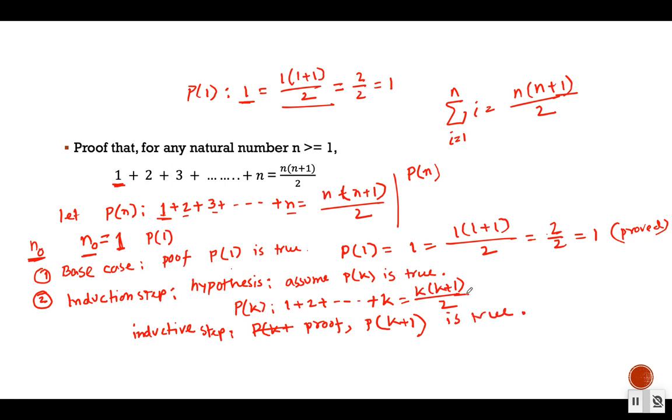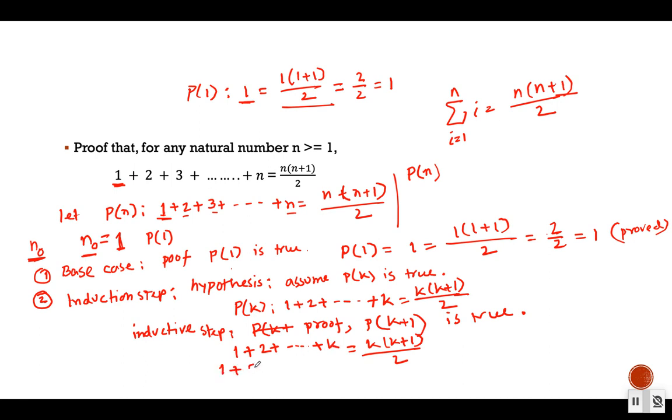Now Pk is true, so I'm going to write it down here: k times k plus 1 by 2. If Pk is true, then Pk plus 1 is obtained by adding k plus 1 to both sides.